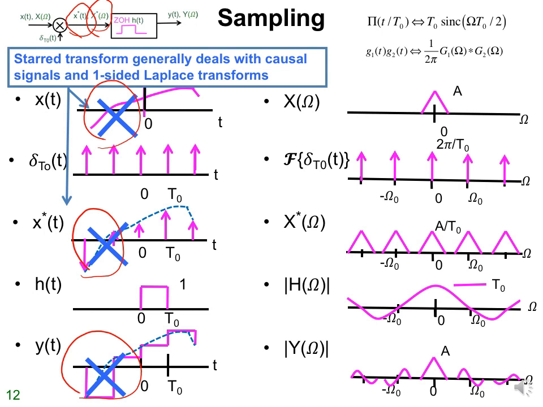When I multiply in time to get the output x star of t, its Fourier transform is the convolution of the two above. So I get a duplicate of the spectrum again, scaled by 1 over t0. I have a 1 over 2 pi in that convolution, so that's where the 2 pi disappeared from this 2 pi over t0 weight.